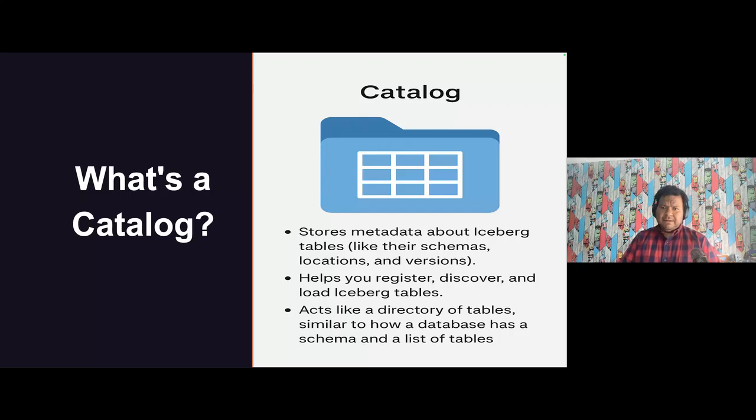So a catalog, in the librarian analogy we were talking about, tracks where all the tables are located, knows what format they are in, maintains the metadata that describes the structure, and records the history of the changes. Without a catalog, you would have no idea what's in your data lake or how to find it.